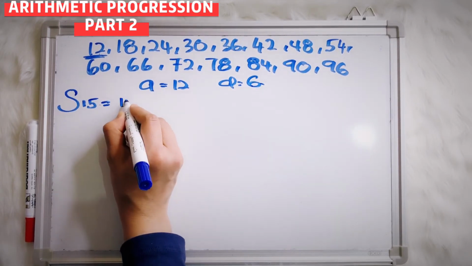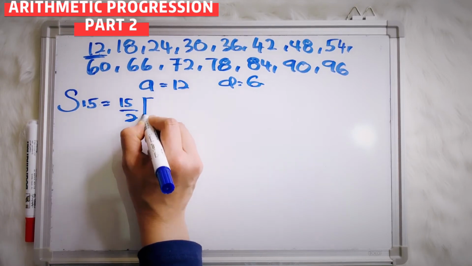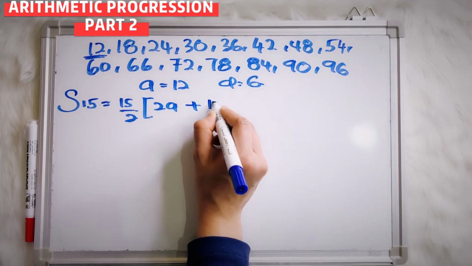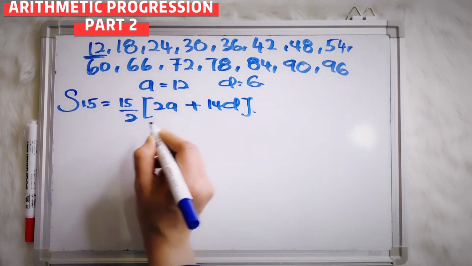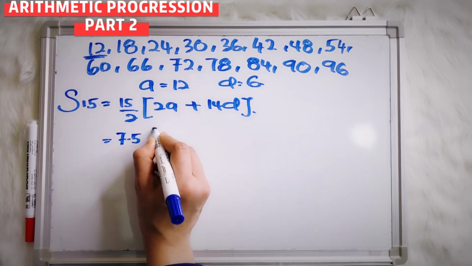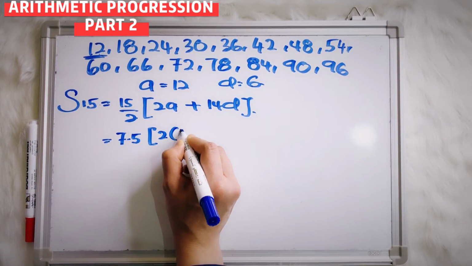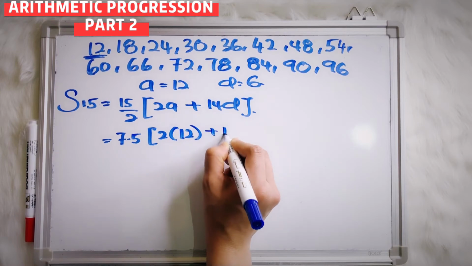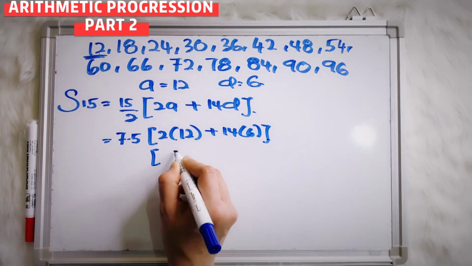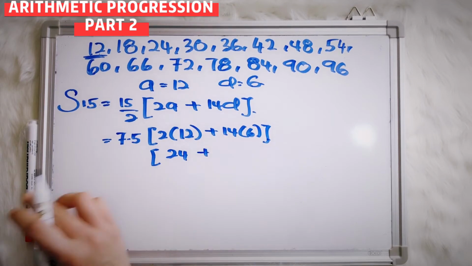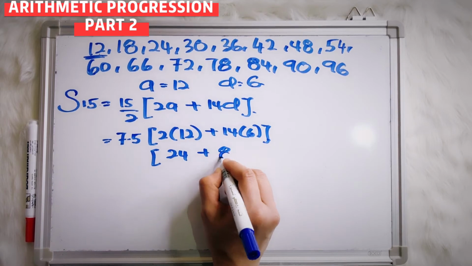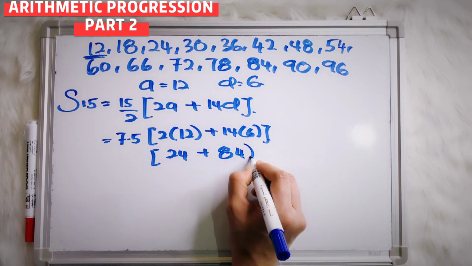Now 15 over 2, 2a plus 15 minus 1 is 14d. So here we have 7.5. 2a is 24, plus 14 multiplied with 6. 14 times 6 is 84.